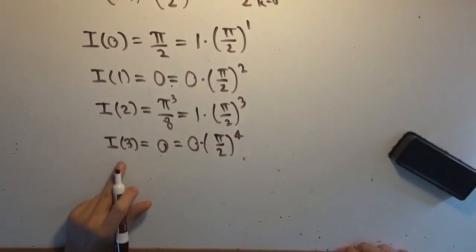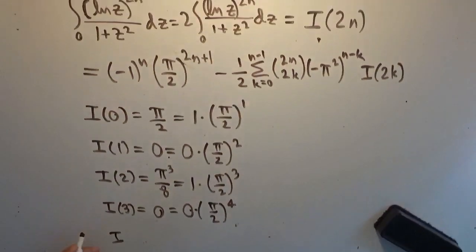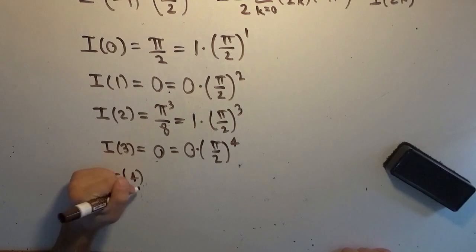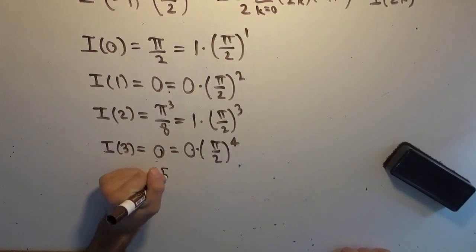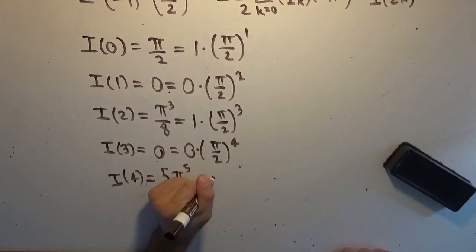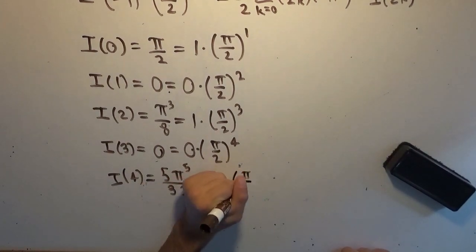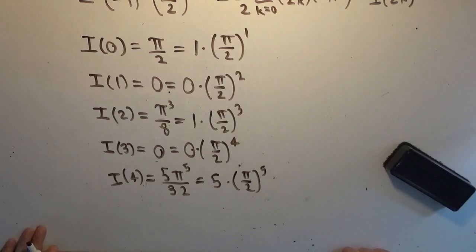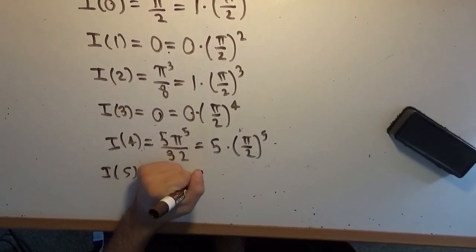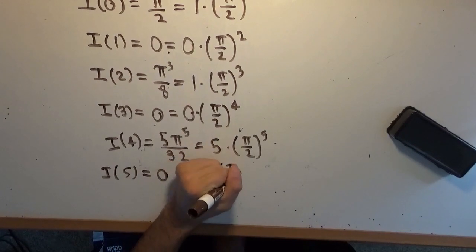And if you want to get I of 4, which means you have to plug in 2 for n, you end up with the fact that I of 4 is equal to 5 times pi to the 5th over 32, which is of course equal to 5 times pi over 2 to the 5th. If you plug in 5, of course, I of an odd number is going to be 0, which is 0 times pi over 2 to the 6th.